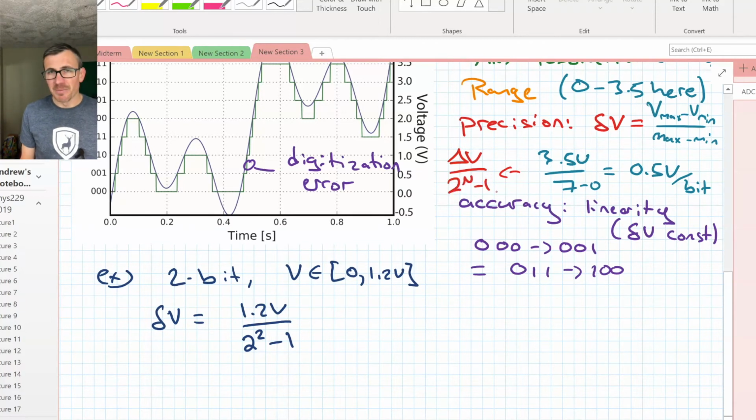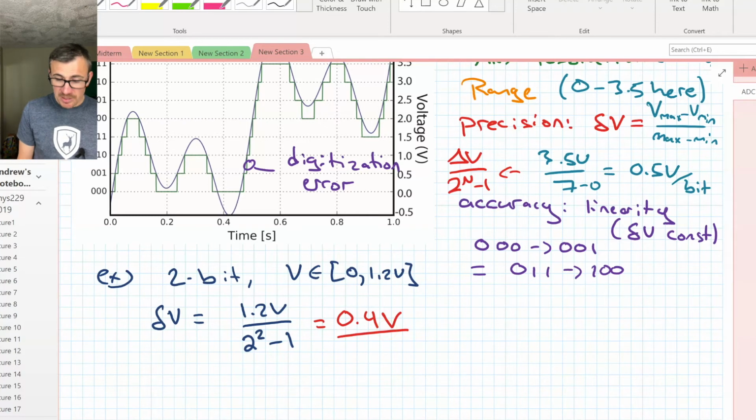That's the maximum minus the minimum bit you're going to get. In this case, this is 3. So 1200 millivolts divided by 3 is 400 millivolts, or 0.4 volts. So we've got 0.4 volts as our resolution in this case.